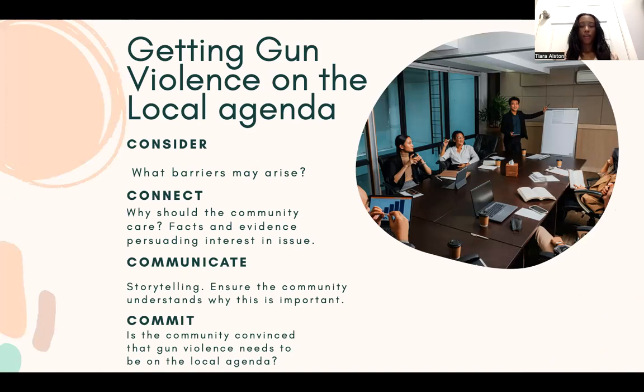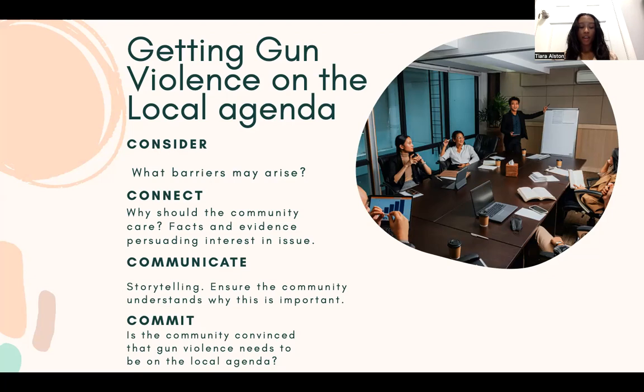And thinking about what barriers may arise, you could consider that there may be pushback against gun control. There could be people who strongly believe in the Second Amendment and fear that that may be at risk with gun violence and addressing that. So you want to be prepared for that and take a moment to really take a mental note of that and take a huge note of what it may mean to get gun violence on the agenda.